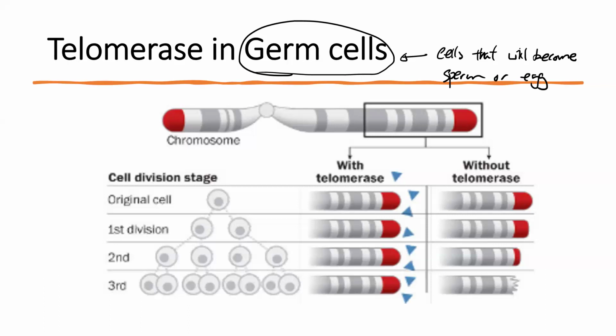In those germ cells, the telomerase will reset the telomeres before you pass it on to the next generation. So even though you have kids in your 30s, 40s even, and your telomeres are short, they get reset before they're passed on to the next generation. Do you understand that?